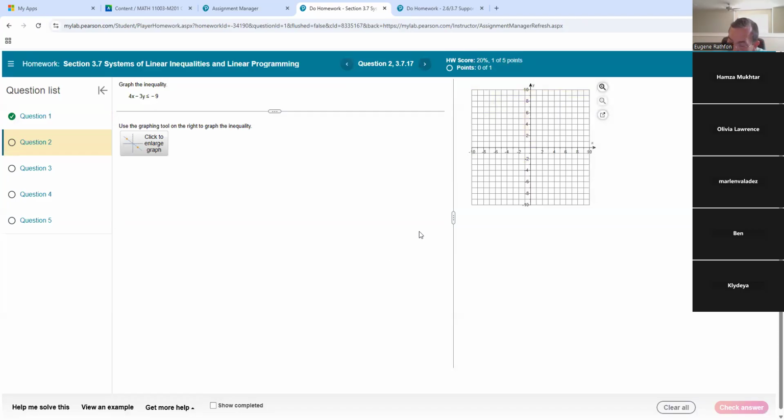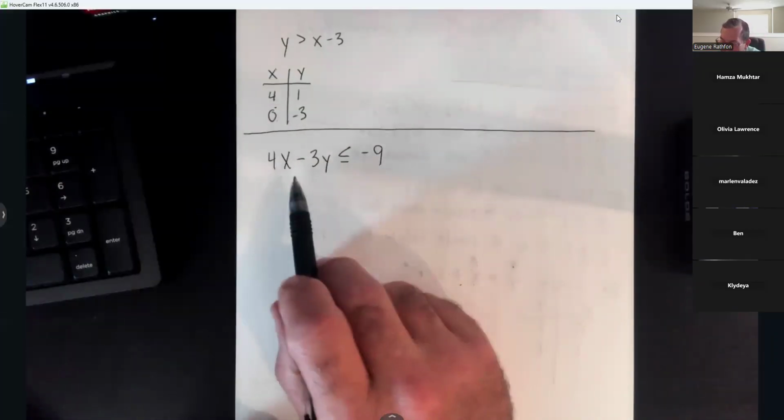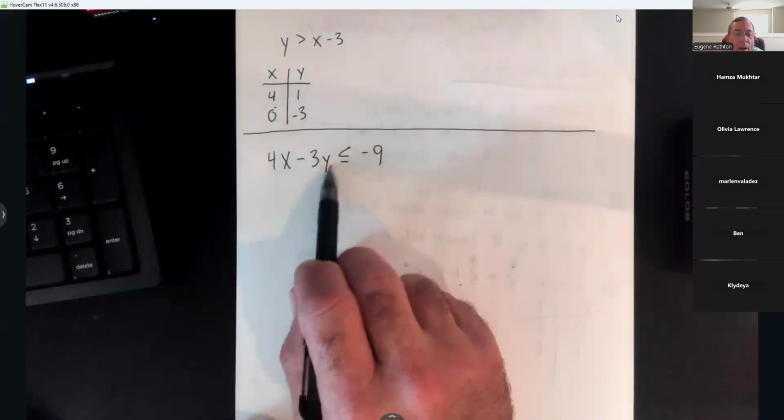Now, the second one's a little trickier because they got 4x minus 3y less than or equal to negative 9. This one's trickier because we really want to solve it for y, then find our 2 points. So on this one, you want to solve this for y first.